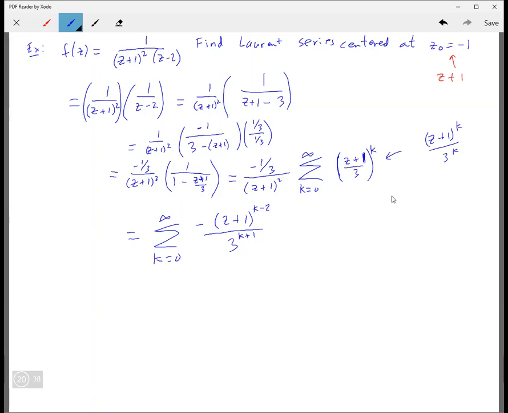And where does this converge? Well, it converges when this modulus is less than 1, or the modulus of z plus 1 is less than 3.